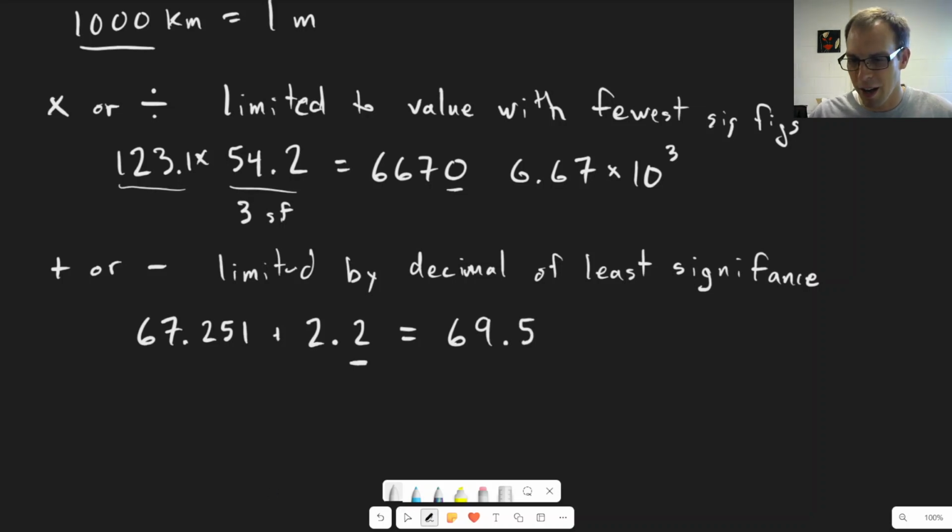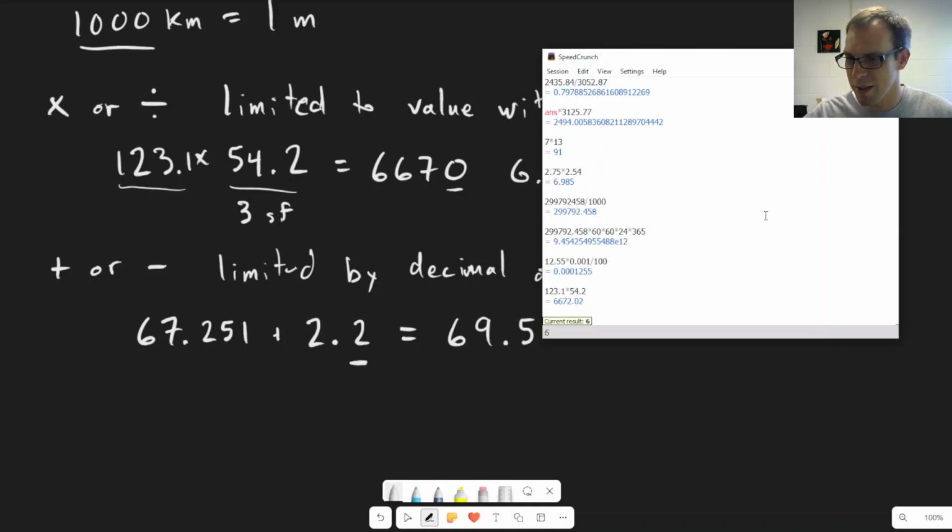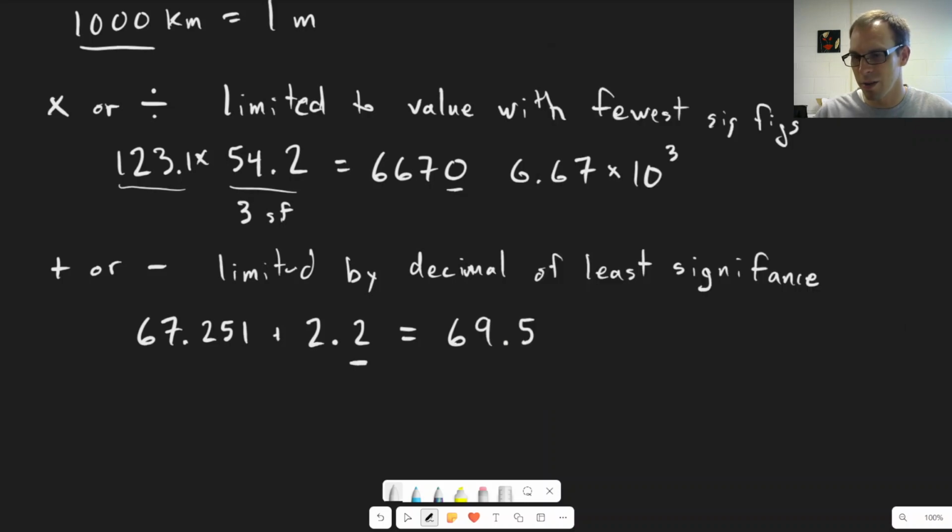Again, we can plug this into a calculator to make sure I'm doing this right. 67.251 plus 2.2 gives 69.451 as our result, and we're going to round that to get our significant figure being in the tenths place. Okay, so there are a couple of brief examples, and that's how we deal with significant figures in terms of doing calculations with them.